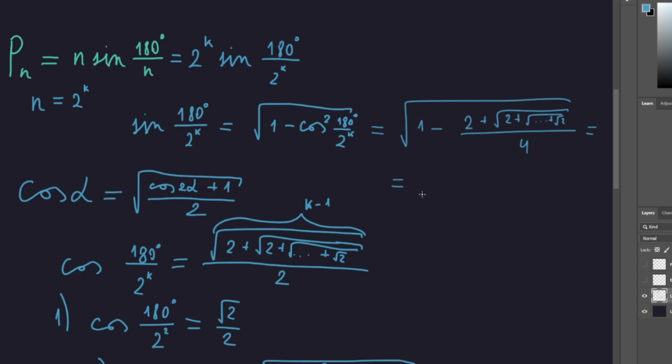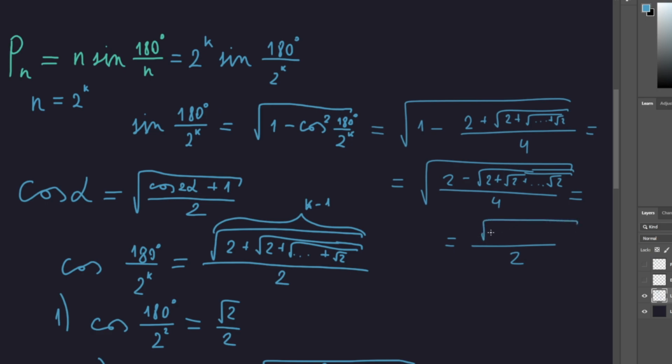So when simplified, it will take this form. 2 minus, and remember, this is the only minus in the whole expression here, 2 plus square root of 2 plus and so on plus square root of 2 divided by 4, which is simply 2 square root of 2 minus square root of 2 plus and so on plus square root of 2, where there are exactly k minus 1 square roots.